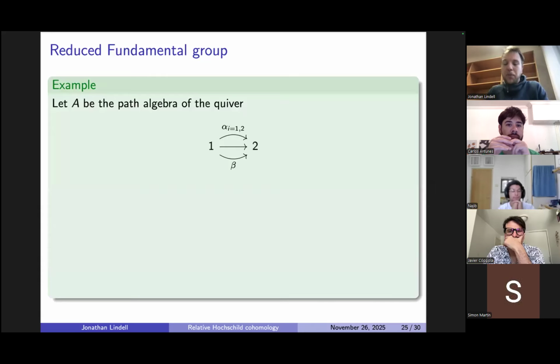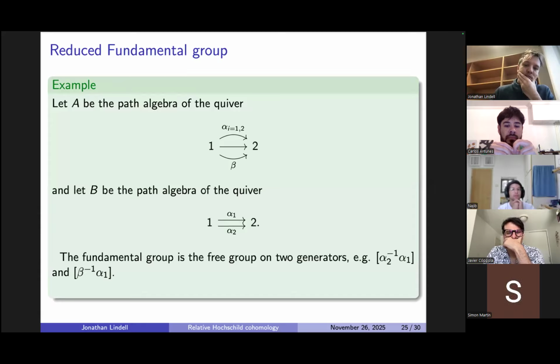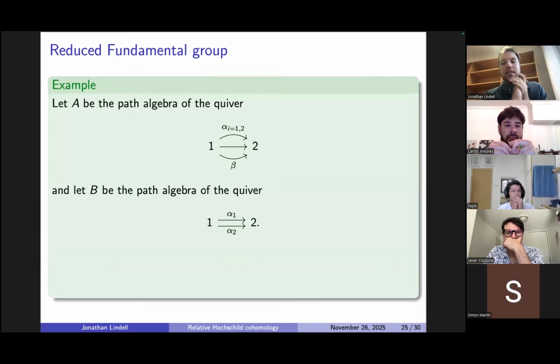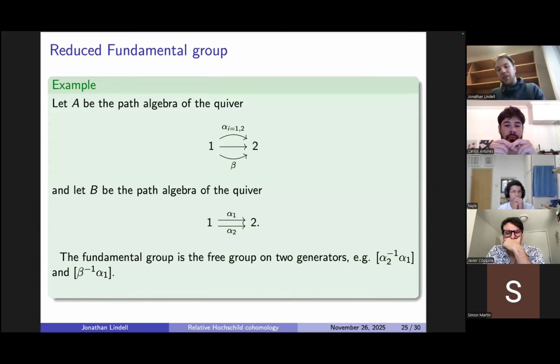Let's look at an example to make it a bit more clear. If we take A to be the free Kronecker, and we let B be the path algebra given by the 2-Kronecker, given by alpha 1 and alpha 2, then the fundamental group is the free group on 2 generators given by the 2 loops that we have here, for example the generator alpha 2 minus 1, alpha 1.